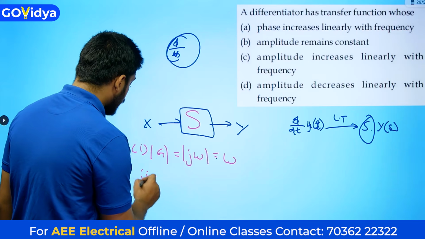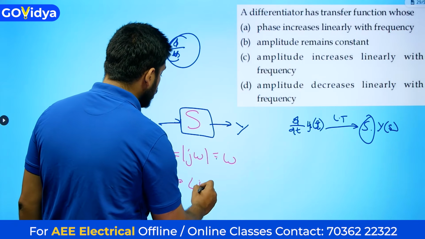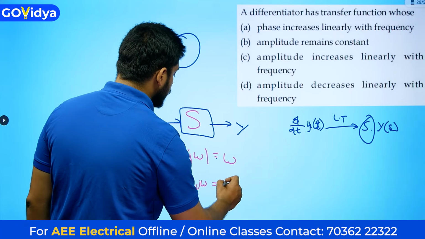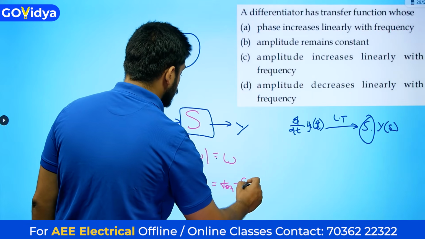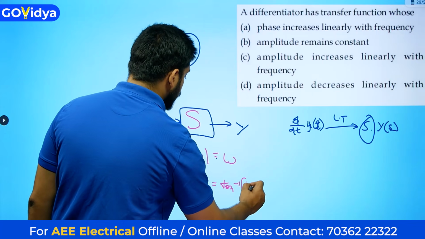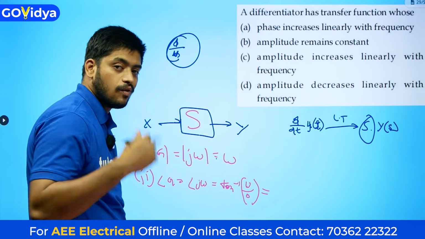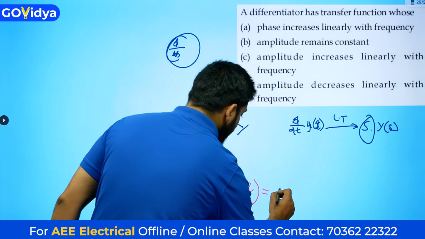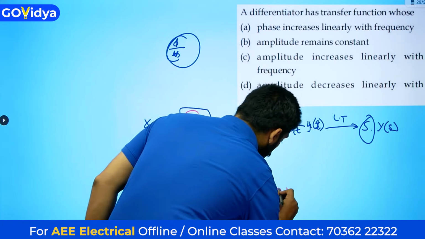Secondly, what is my phase? Angle of G would be angle of j omega. What is the angle of j omega? Tan inverse of omega by 0, which is tan inverse of infinity. What is tan inverse of infinity? 90 degrees.